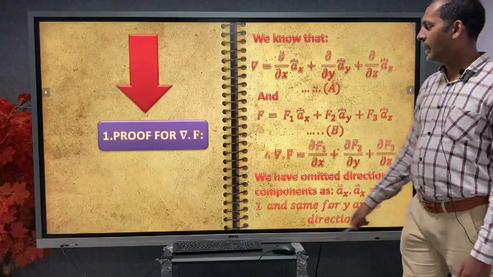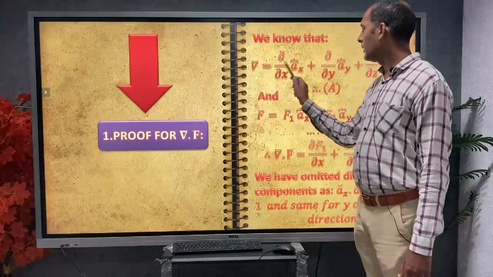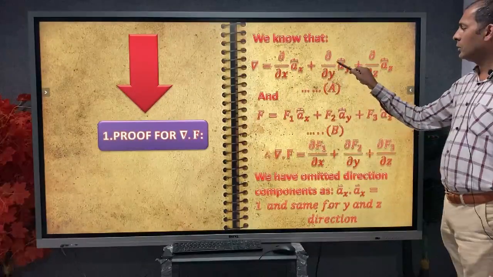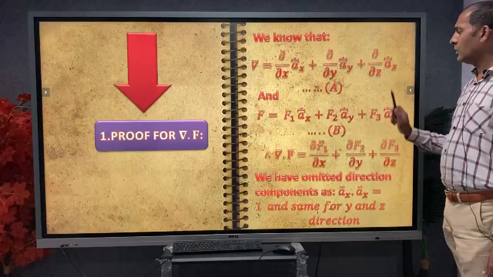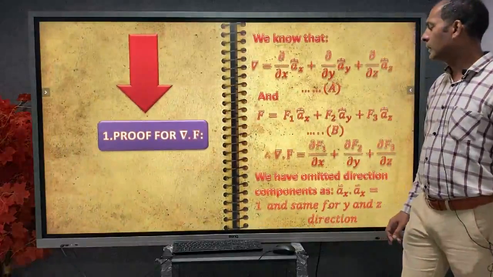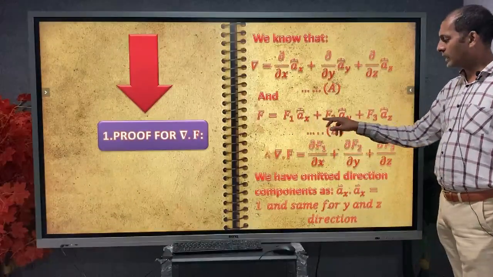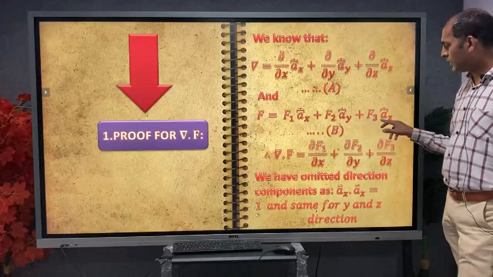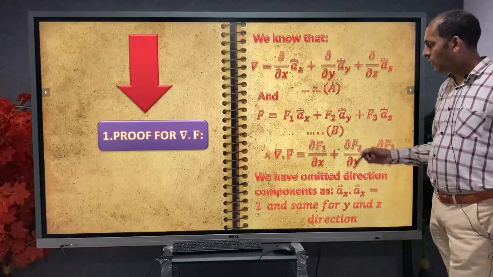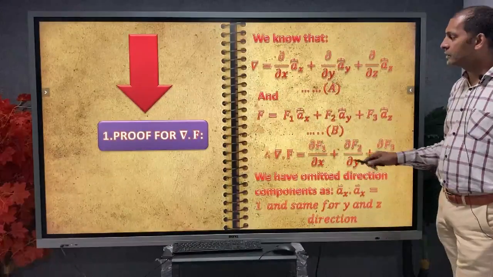So say del dot F. Del is equal to dou by dou x, Ax cap, plus dou by dou y, Ay cap, plus dou by dou z, Az cap. That is our del. And the force is F1 Ax cap plus F2 Ay cap plus F3 Az cap. Now if we take the dot product, what happens for the unit directions?